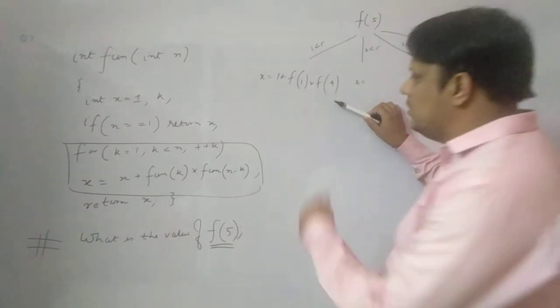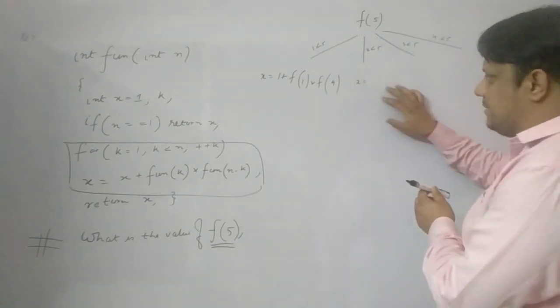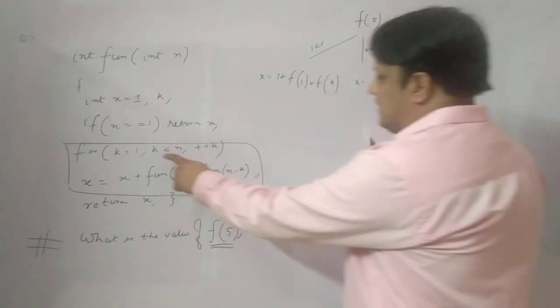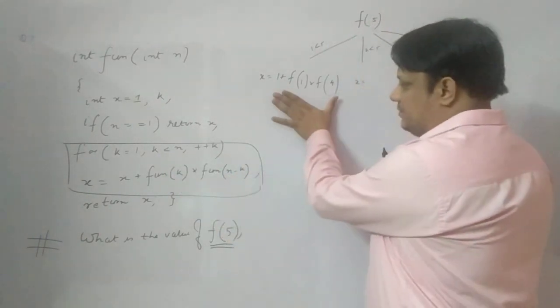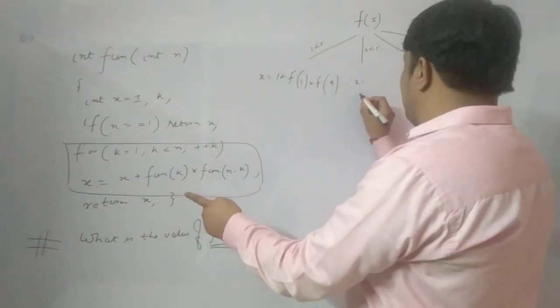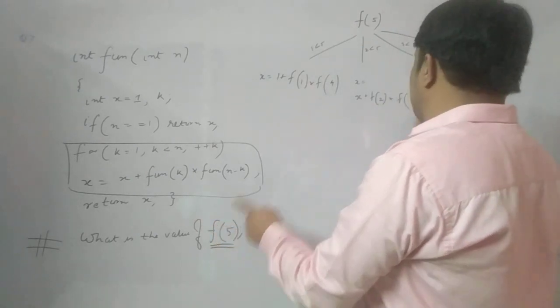Right. Now when you call this function, what happened? Just for the sake of simplicity, I am also writing these steps here, so that it will be easier for you to understand. When k is 1, 1 less than 5, condition true, this is your statement. Now when k becomes 2, then x is equal to x plus function 2 multiplied by function of n minus k.